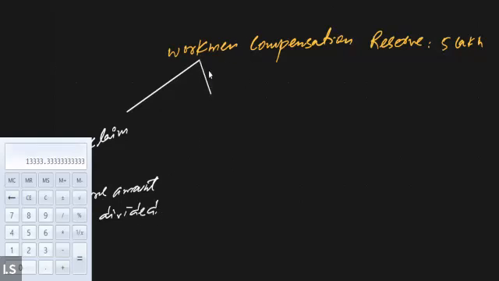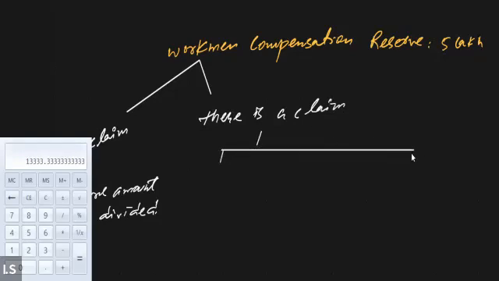If there is a possibility that there is a claim, then there are three possible situations whenever there is a claim regarding the compensation. So the claim may be less than the amount of reserve that we have made.